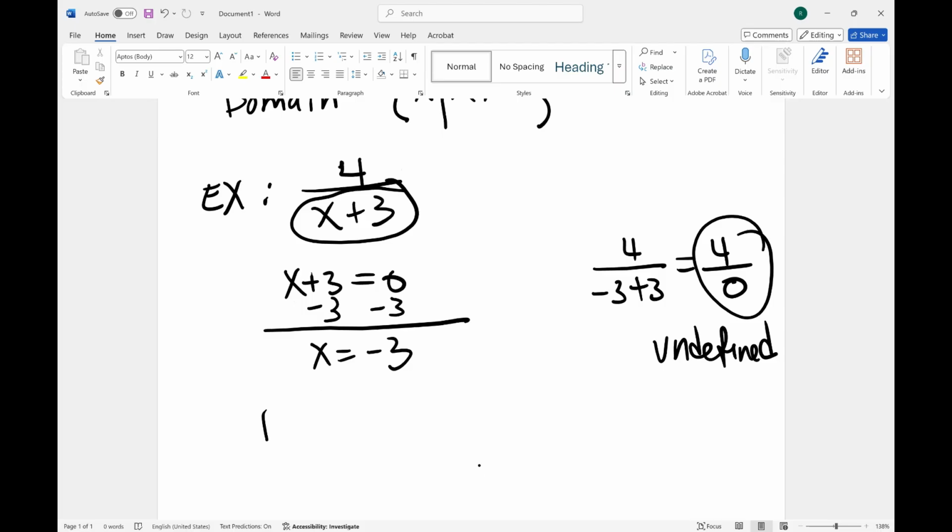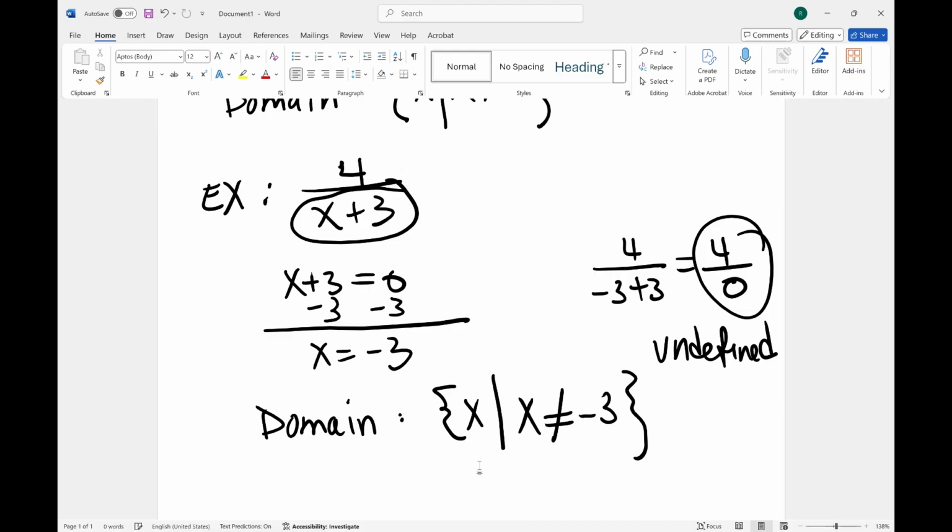So my domain would be all values of x such that x is not equal to -3. The number we have to exclude from the domain is -3. This is important because when we solve rational equations, we might get an answer that we have to reject because it's not part of the domain.